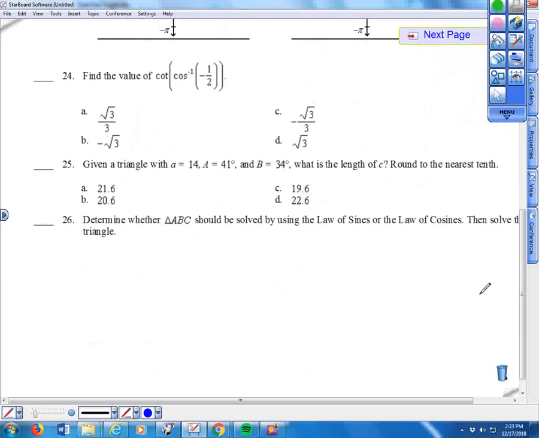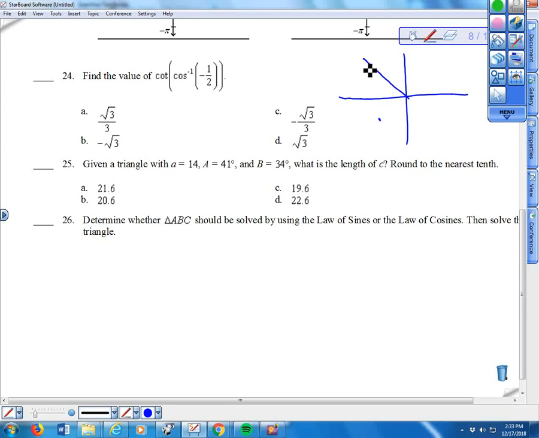Let's go on. Okay. Find the value of cotangent of inverse cosine of negative 1/2. Cosine's negative in this quadrant or this quadrant, so let's just make it here. So this is really theta, right? Where can inverse cosine exist? First or second quadrant.